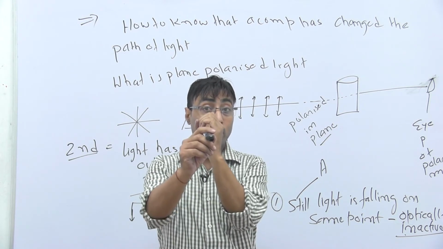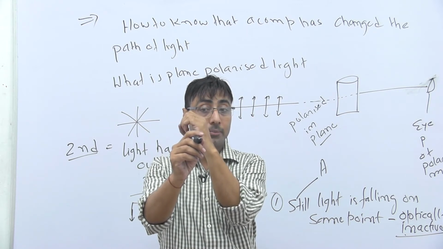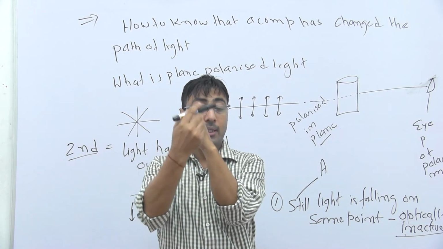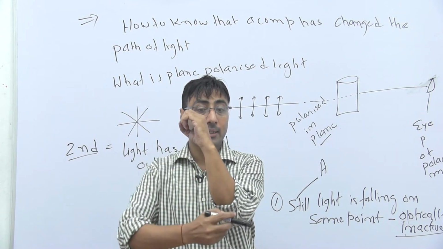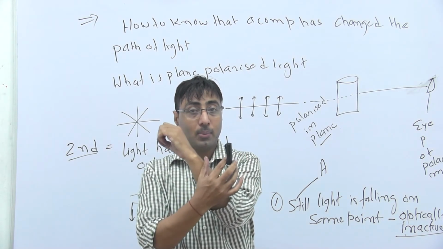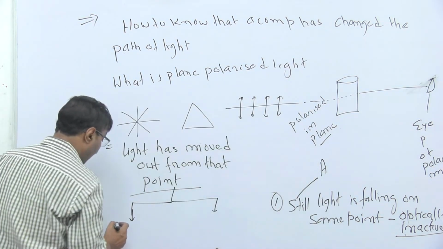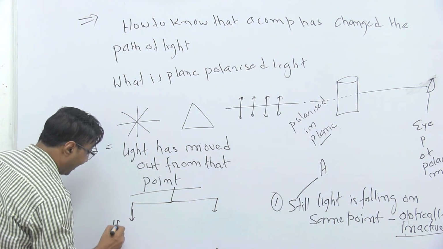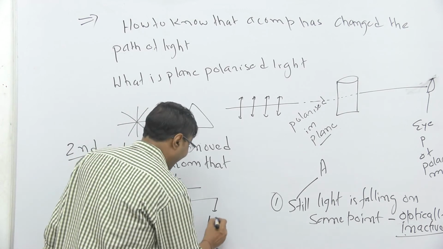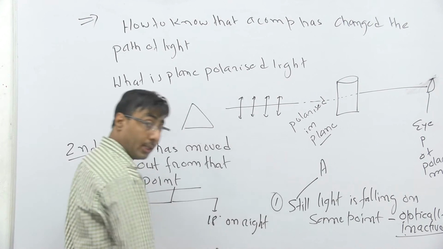Now what to do? Then I will rotate this polarimeter to this side, and suppose I get it here. Then by the vertical scale, I can know by what angle this polarimeter has been tilted. Suppose we have tilted the polarimeter by 18 degrees to the left side, or it can be 18 degrees on the right side.